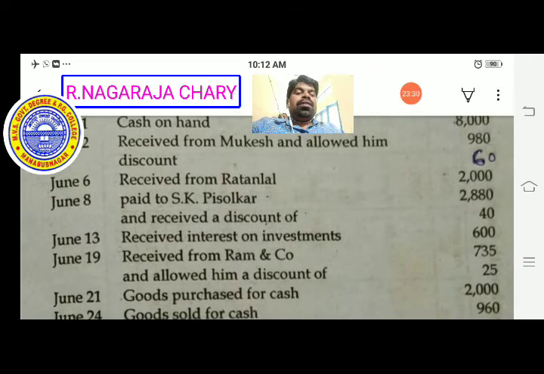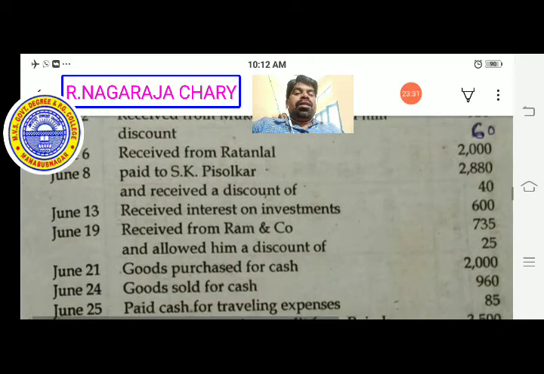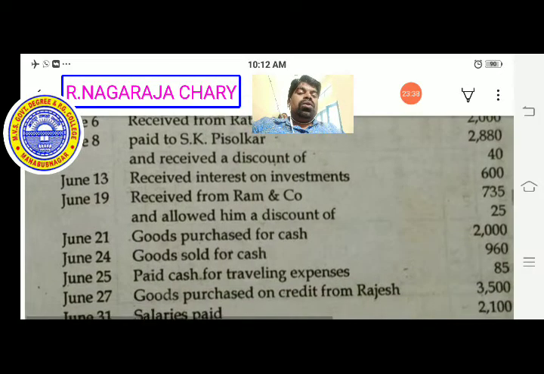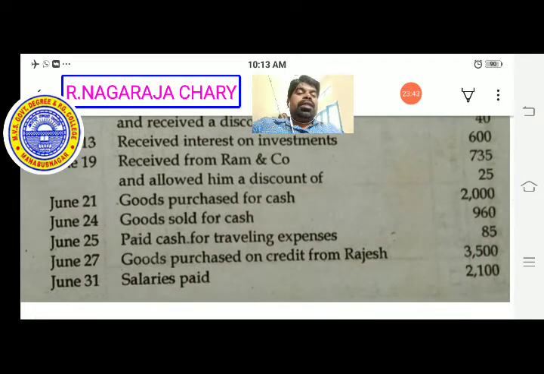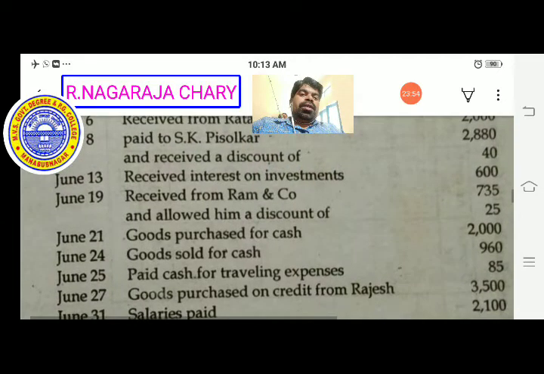Received interest on investment 600. Received from Rama and Company 735 and allowed him a discount of 25 rupees. Goods purchased for cash 2000 rupees. Goods sold for cash 960. Paid cash for travelling expenses 85 rupees and goods purchased on credit from Rajesh 3500. Salaries paid 2100. So, this is the problem.